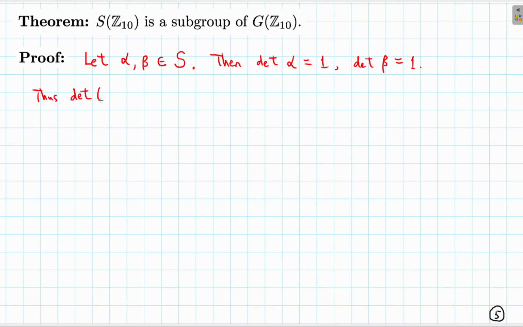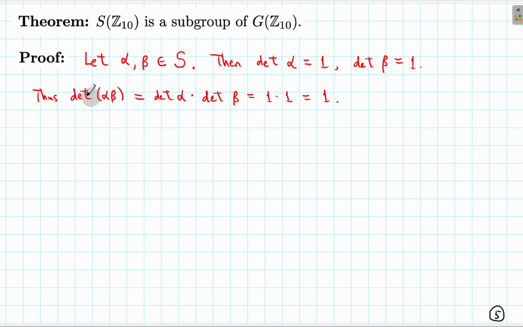So thus, determinant of the product alpha beta is equal to determinant of alpha times determinant of beta, which is 1 times 1, and that's equal to 1.